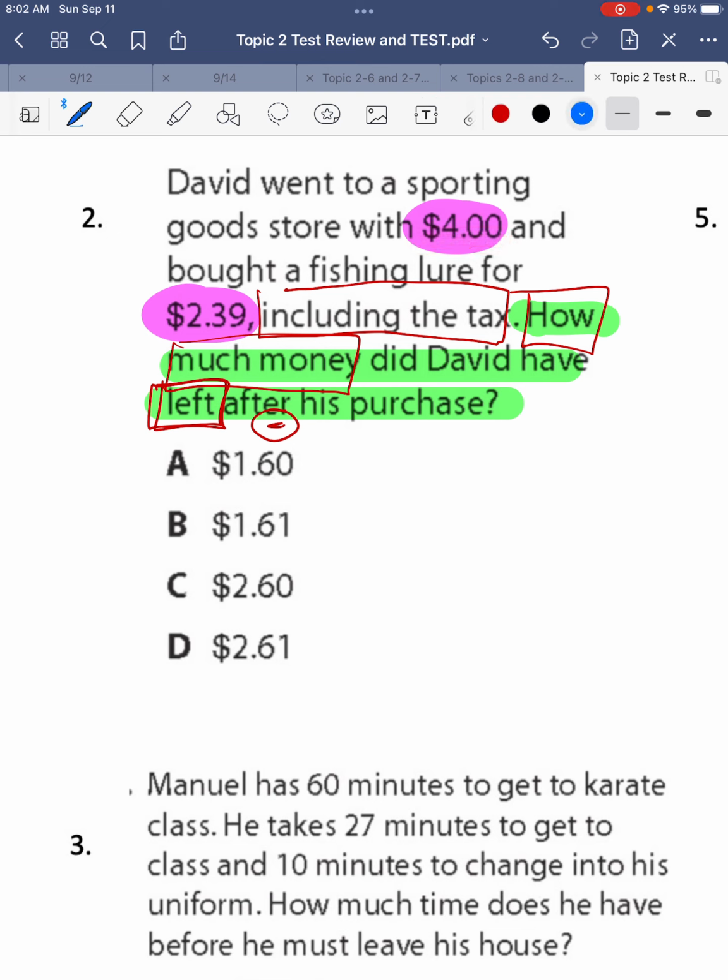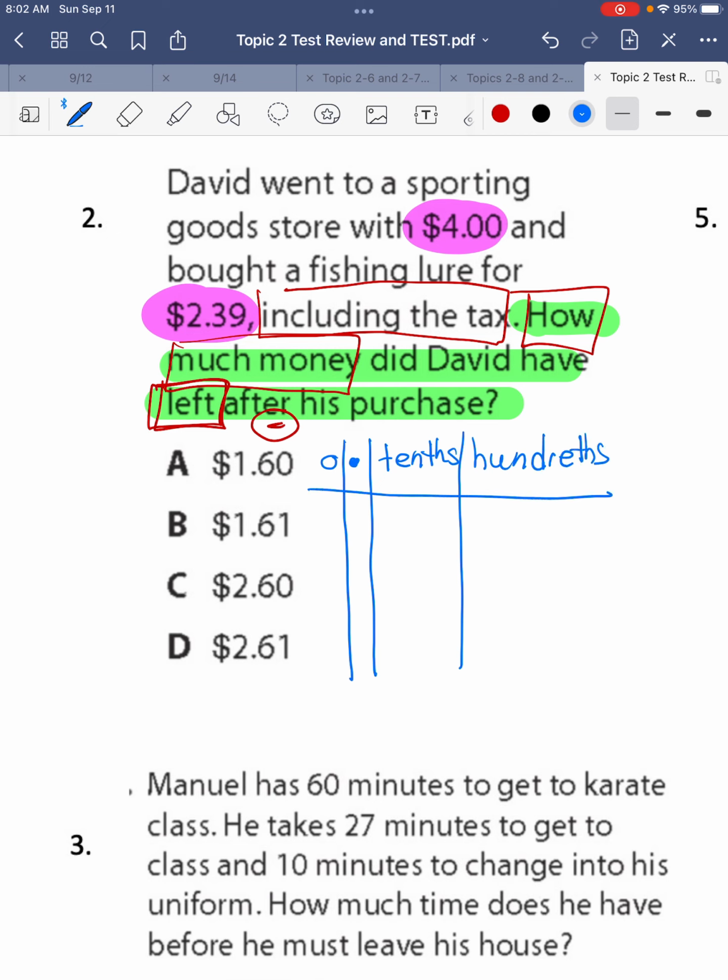Okay, so I'm going to start with my ones. Then I have my decimal. They both have a decimal here. And then I'm going to go to my decimals. So I have tenths. And then I have hundredths. So now I can plug them in.